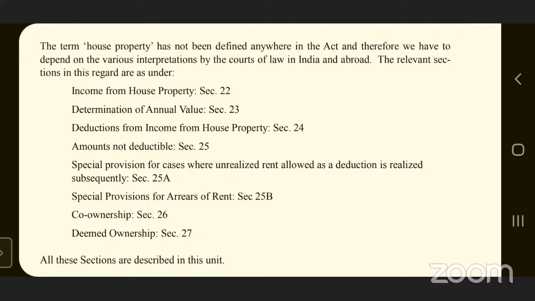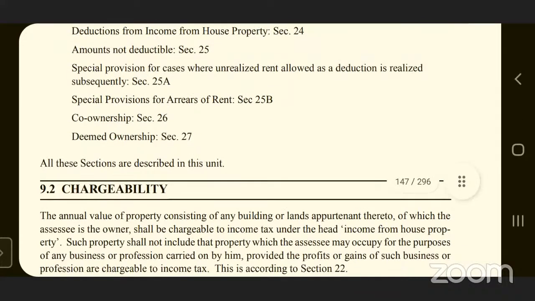And one more thing, in order to compute the annual value, what are the steps required? Those are mentioned in Section 23. Not only determining the annual value, under each and every head, every assessee will be getting some deductions as per the terms and conditions mentioned in Section 24. So all the provisions from 22 to 27 are relevant to income from house property.